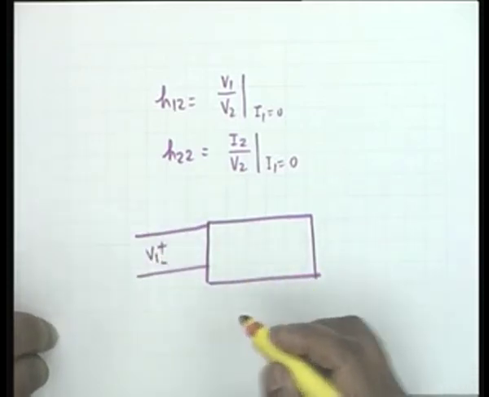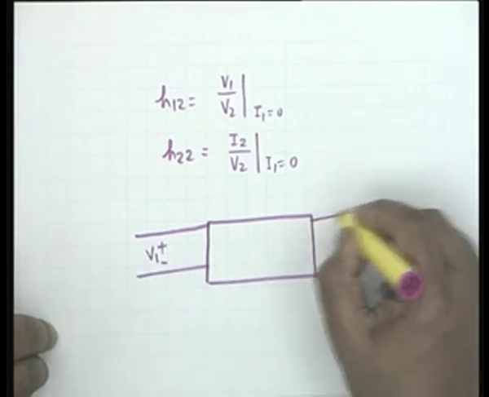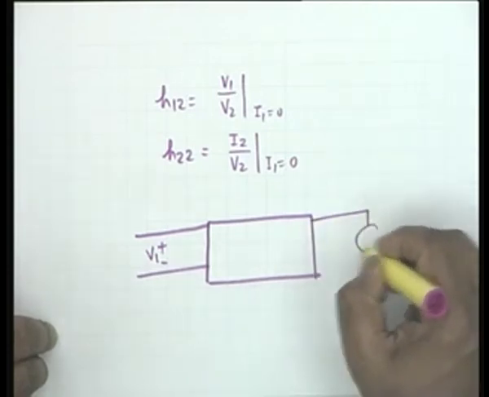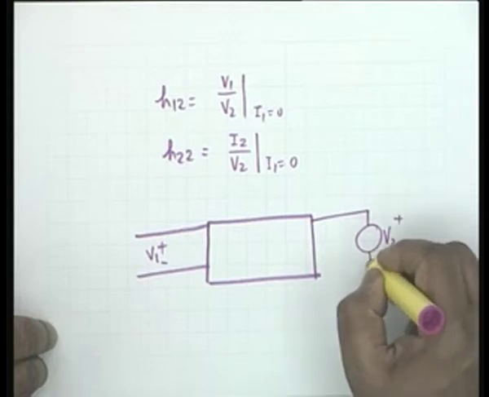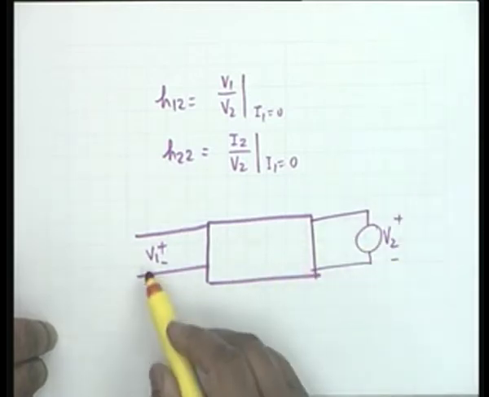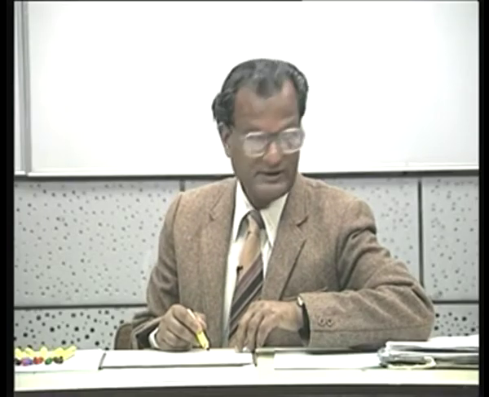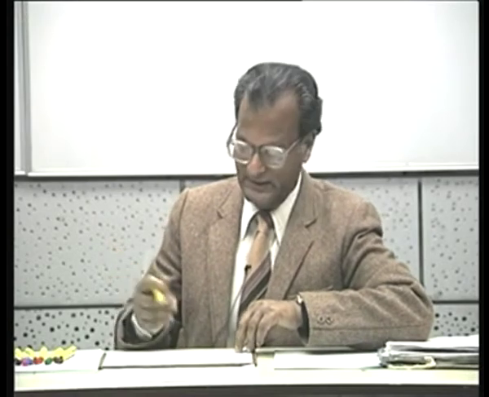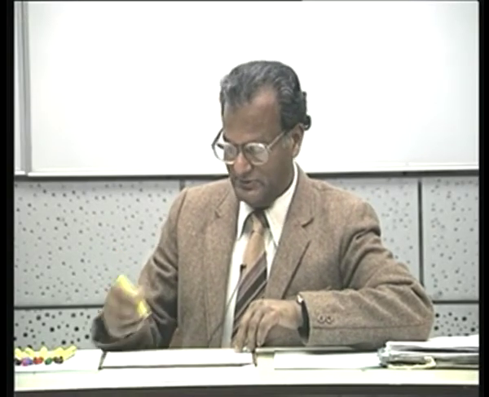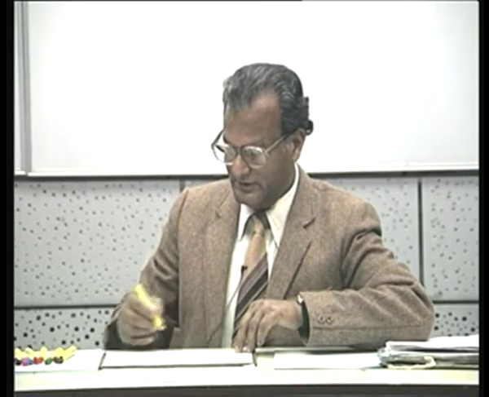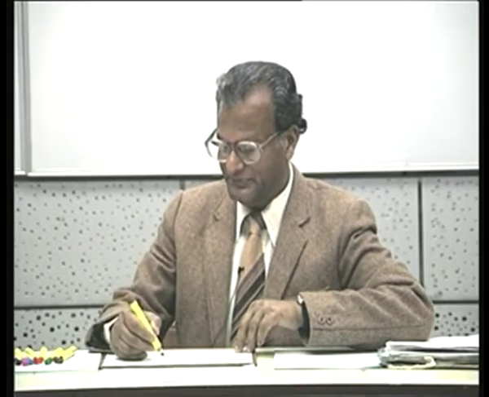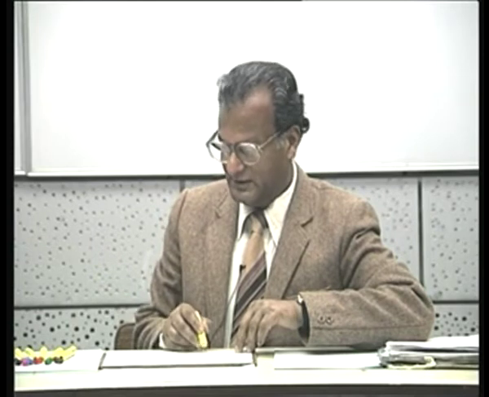The only thing you can measure is the voltage, and at port 2 there is a voltage excitation V2. Obviously, the excitation cannot be at port 1. Why not? It is open, and therefore any source that you connect will drive a current. So the source must be V2, I1 equal to 0, and all that you calculate now is V1 by V2.